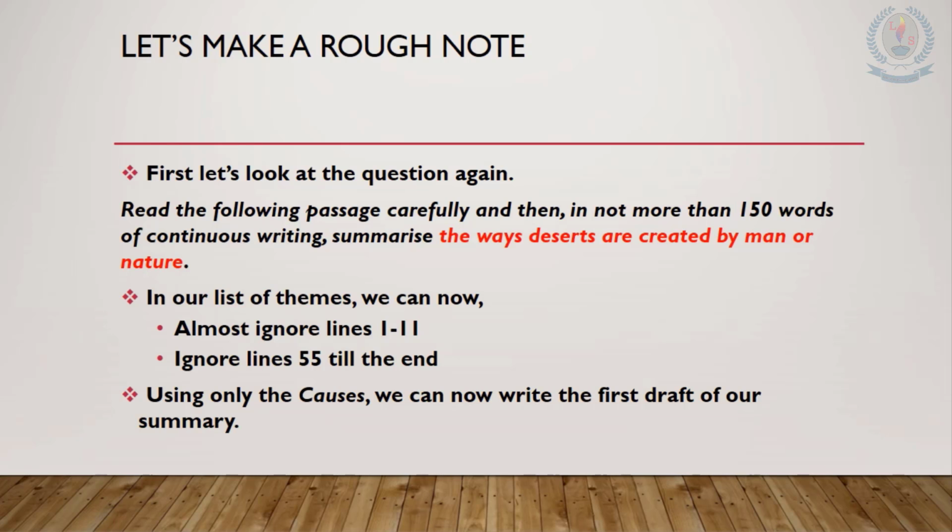Right, those are the recommendations by ecologists. We can completely ignore that as well because we are only looking at the ways deserts are created by man or nature. So we are only looking at the causes in the list given on page 13. We can now start writing the first draft of the summary.